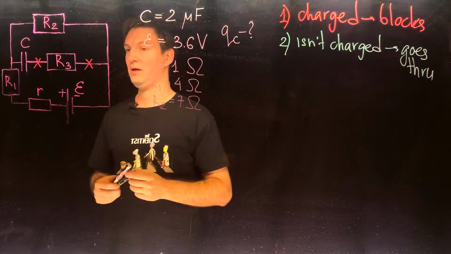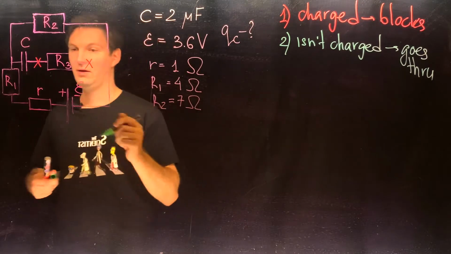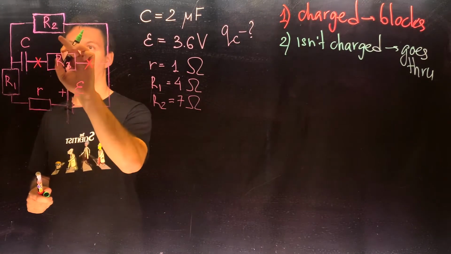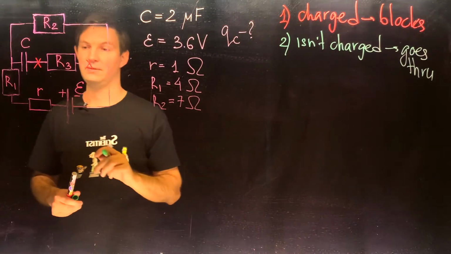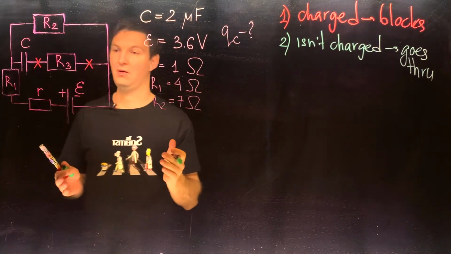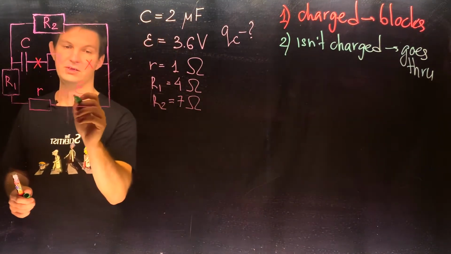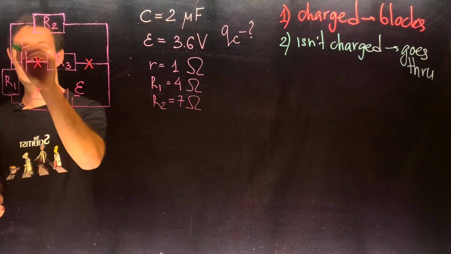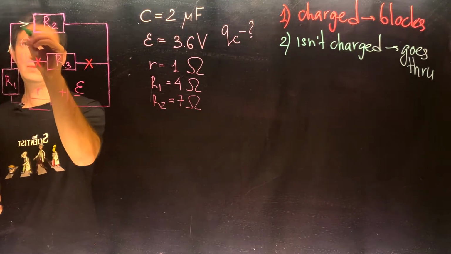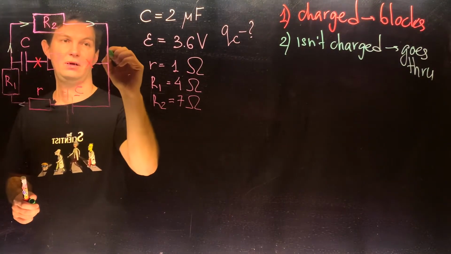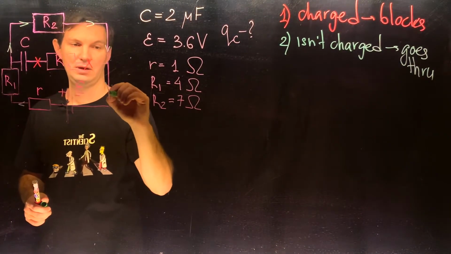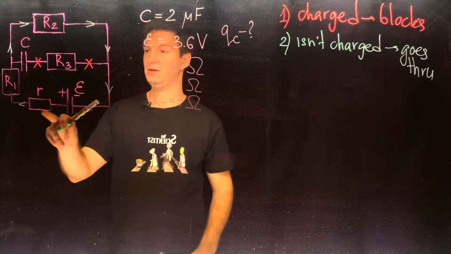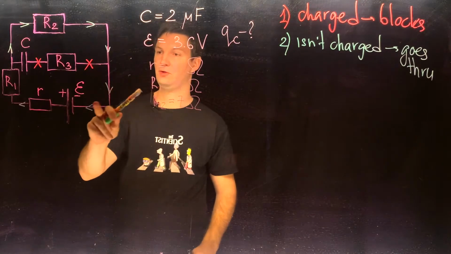The current goes through the internal resistor, through the first resistor and through the second resistor. And the direction of the current is from plus to minus.